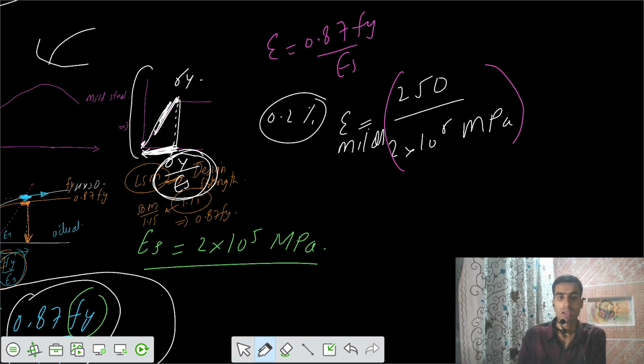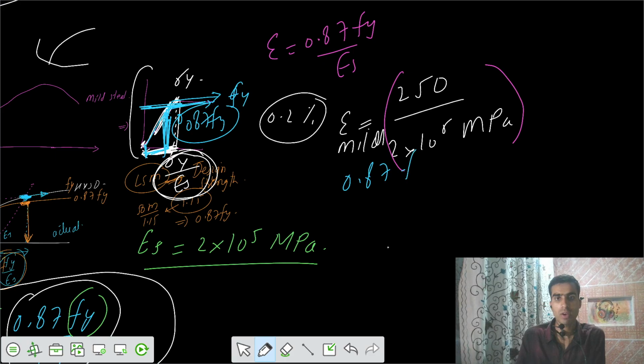Similarly, on the design curve, if this was your actual Fy, we apply a factor of safety of 1.15, such that finally this value equals 0.87 Fy, and corresponding to that we have a strain of 0.87 Fy by Es, and that value is only 0.00109.